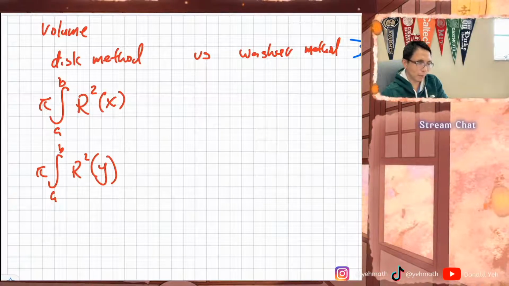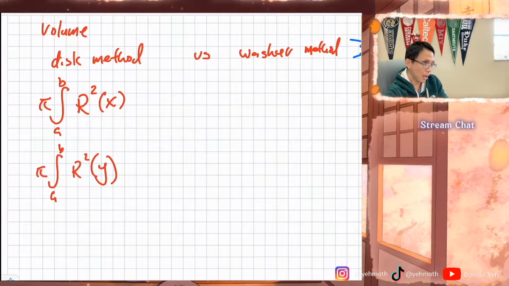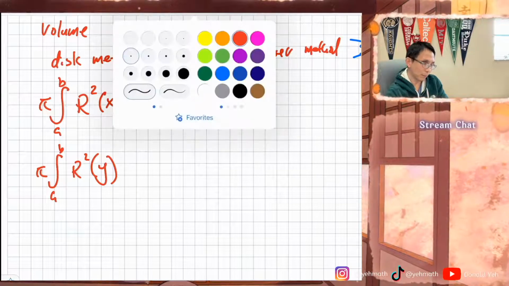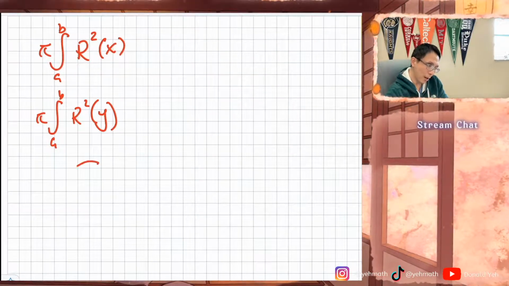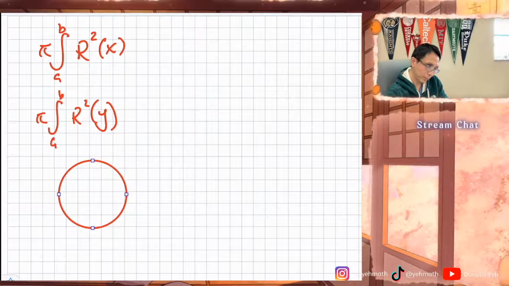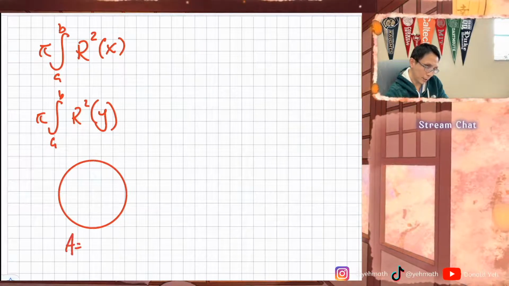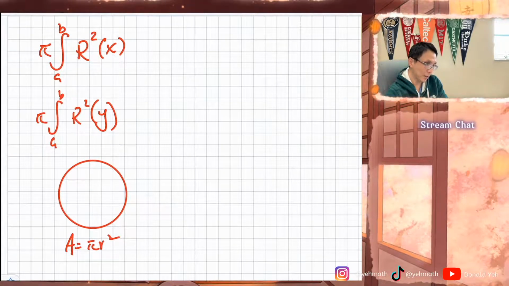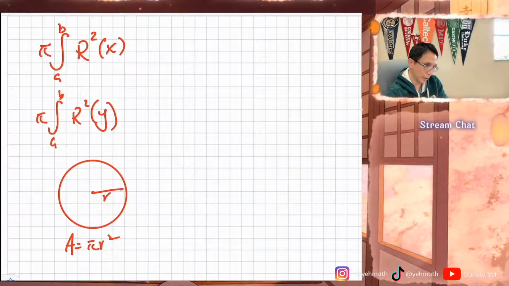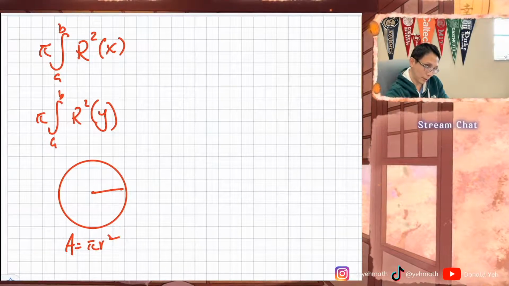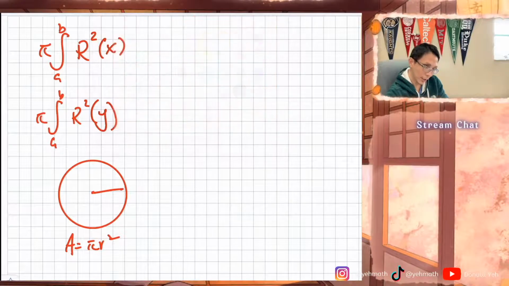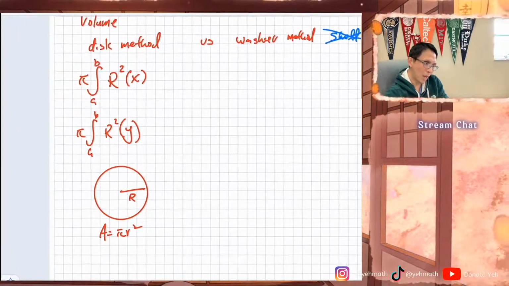Then you say, okay, let's go into the washer. A washer is a little bit different. So remember, this area is equal to pi r squared, and that's the disc, right? Because we have the center, this is the r, and actually this is the big R. Now, what happens if it's a washer?